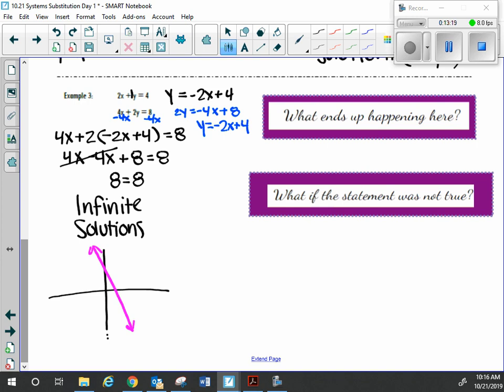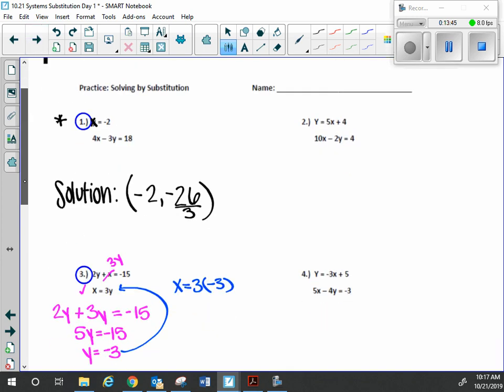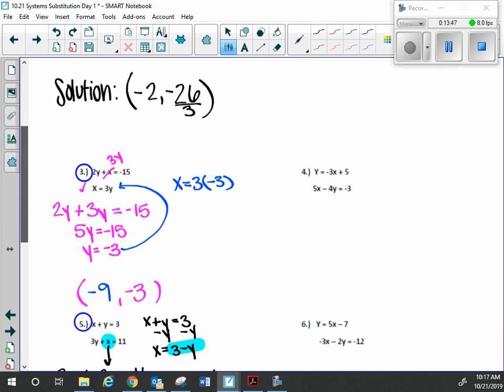What? It's the same line. Coinciding lines, they never leave each other. Everything's a solution, right? What if it was not a true statement? If it said like 8 equals 4? No solution, because that would mean that the slopes were the same, but the intercepts were different. Okay? All right. Your task on the back: 2, 4, and 6.